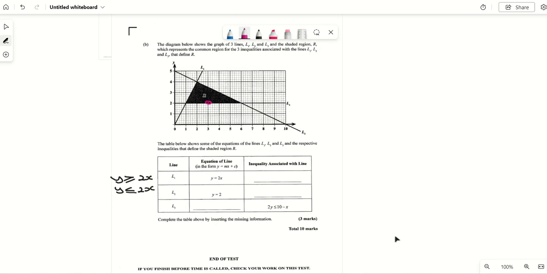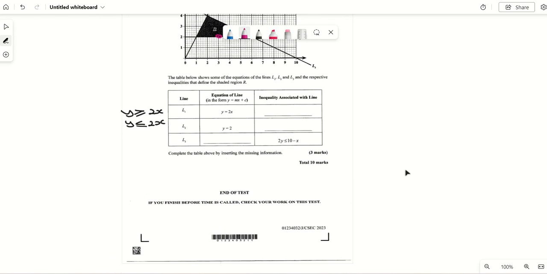So we know that the point is 3, 2, and if we look at this one, y is more than or equal to 2x. We're using the coordinate 3, 2 and we put it in this equation. Is 2 more than or equal to 6? No. So this inequality would not be for the region that they are showing.